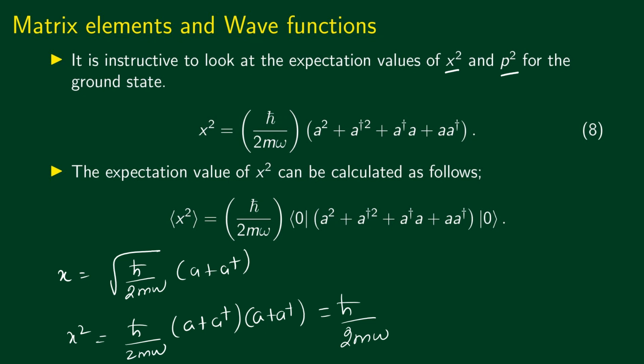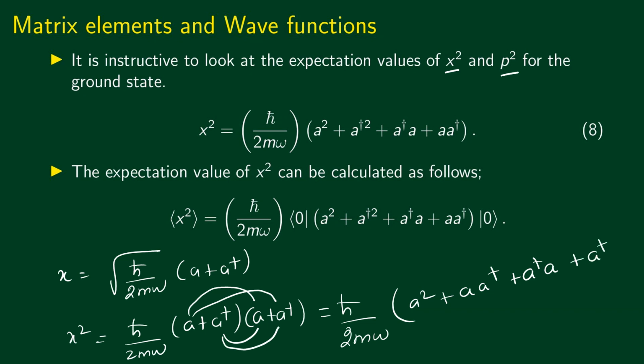Let's carry out this multiplication. We have A multiplying A, which is A squared, and then A multiplying A dagger, which is A A dagger. The next term is A dagger multiplying A, so plus A dagger A, and the last term is A dagger multiplying A dagger, which is A dagger squared.